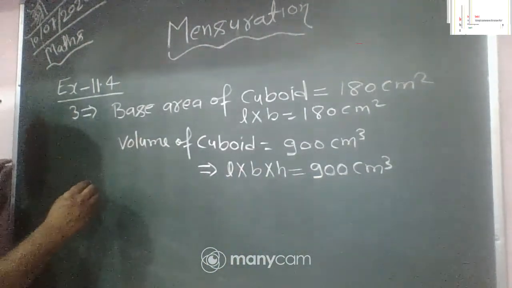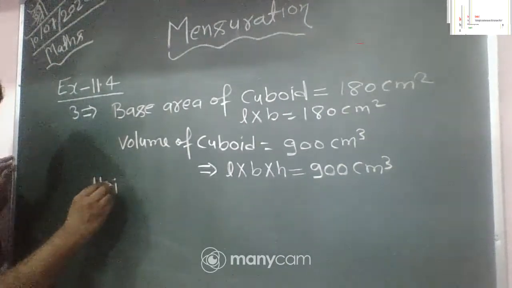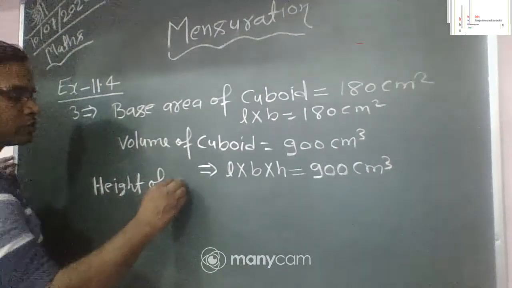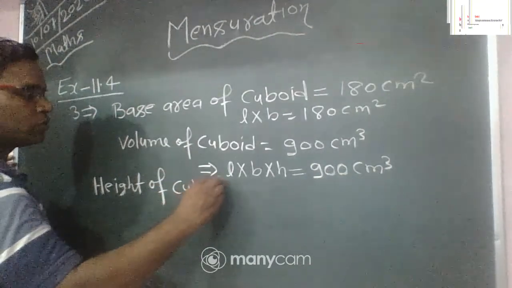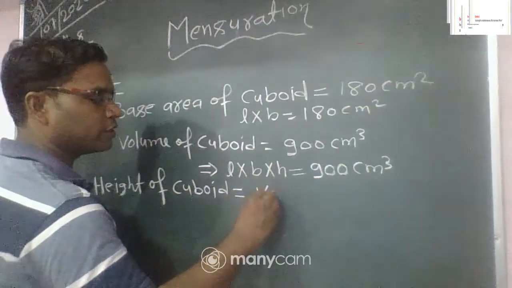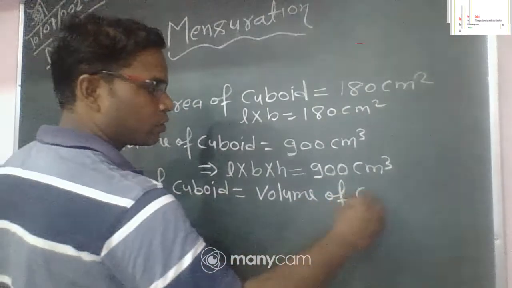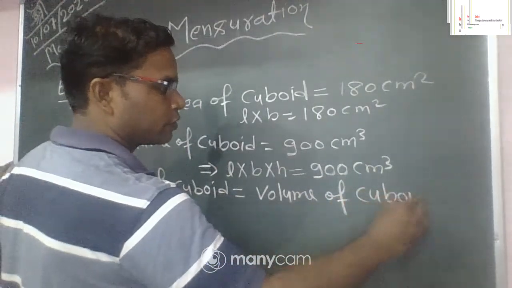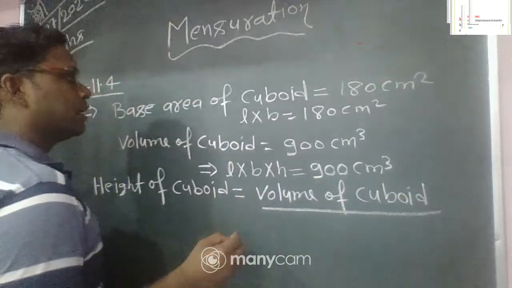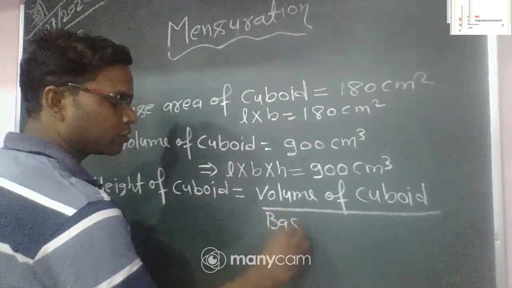So height of cuboid is equal to volume of cuboid divided by base area of cuboid.